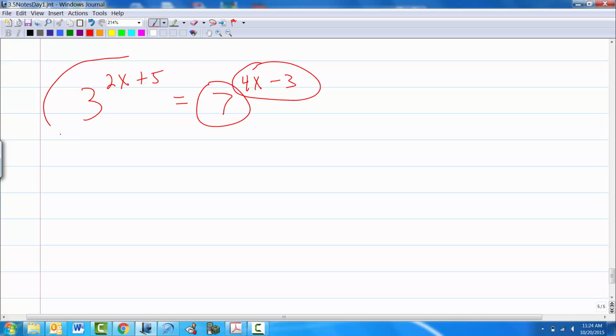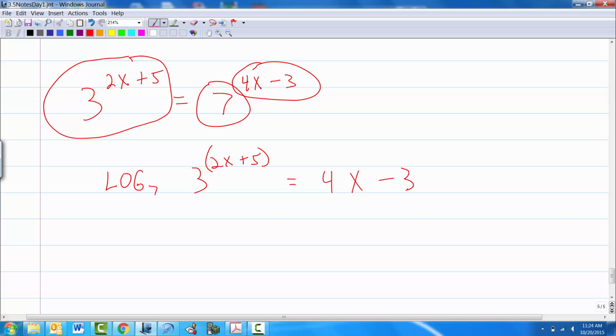Then this is all the what? And then because I don't want to recircle and erase, I'm tired, I'm just going to stick with that one. Log base who? 7 of who? 3 blah, right? 3 all of that. Equals what? 4x minus 3.